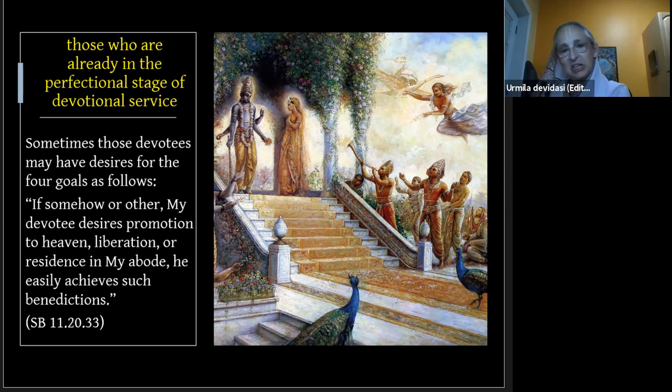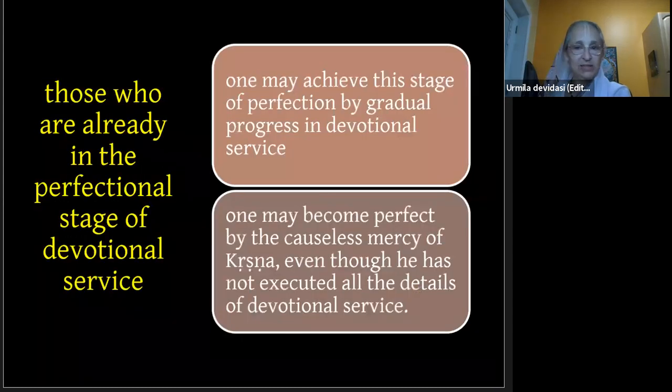All right. So how does one become a siddha? There are two main ways that conditioned souls become a siddha. One is by sadhana. So we have sadhana siddhas, those who become perfect by sadhana. We have kripa siddhas, those who become perfect by mercy without doing sadhana.